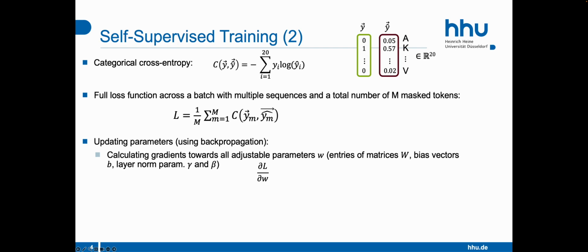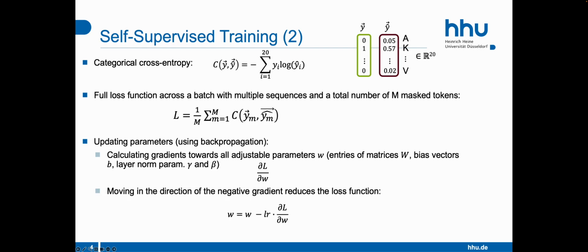This gives us, for each parameter w in our transformer network, a single value, and we know that if we move a little bit in the direction of the negative gradient of the loss function, we reduce the loss function a little bit, which is what we want to achieve. So this is what we do for each parameter.